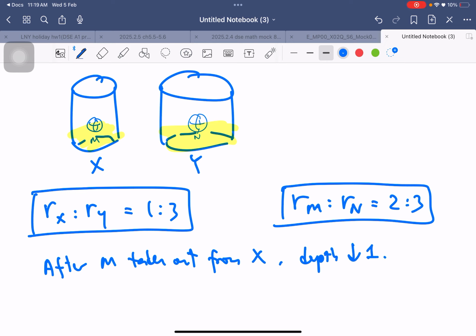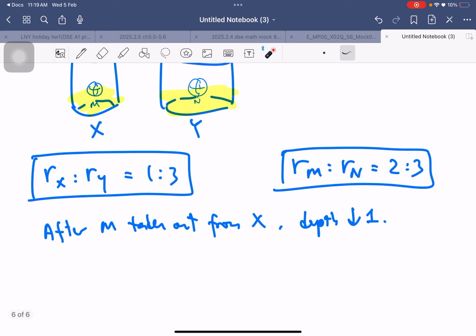Okay, so now they're asking, when N is taken out from Y, what is the decrease in the water level? So what do you think? What do you need to do? Are these two spheres similar? Yeah, the spheres must be similar, isn't it?